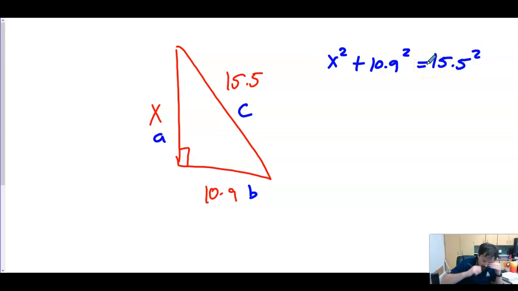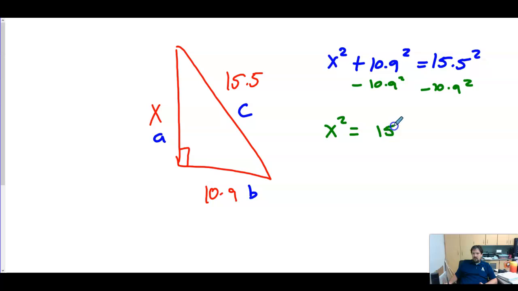Now we could do it like we did on the other problem and square these out, or we can wait and just put it all in the calculator at once. What I mean by that is, let's go ahead and isolate the x squared. So I'm going to subtract 10.9 squared from both sides, and I get x squared equals 15.5 squared minus 10.9 squared.